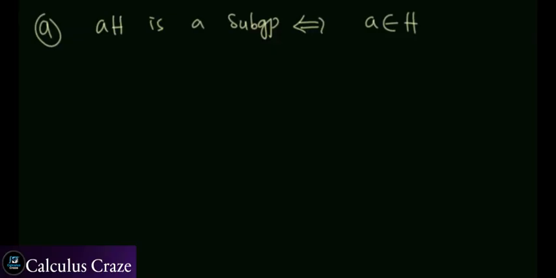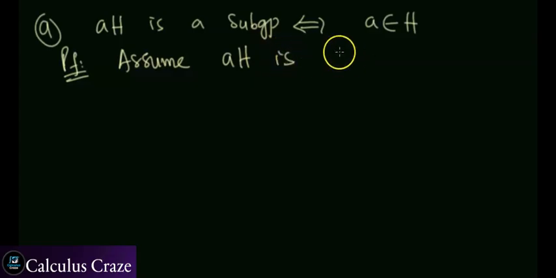So we are proving the property number 9. Okay, so proof follows this way. Assume ah is a subgroup. Our task is to show that a is inside h, right? Now if ah is a subgroup, then e must be inside ah.